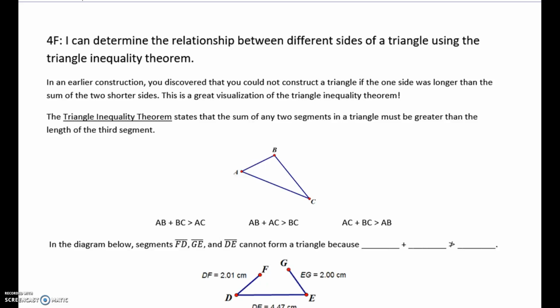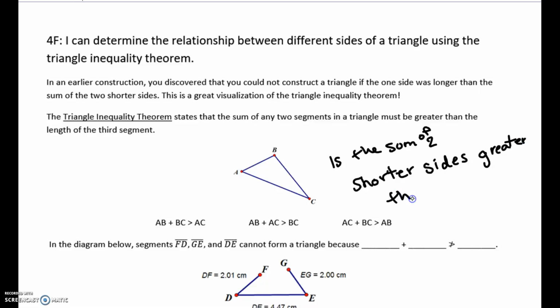In reality, in order to test this, you just need to see, actually, let's change that, is the sum of the 2 shorter sides greater than the longer side? That's the question you should be asking yourself.